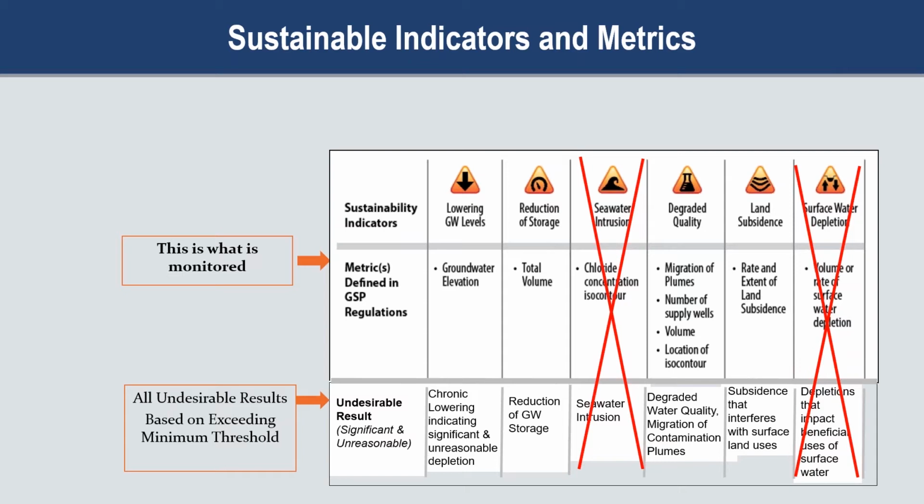So we'll be measuring groundwater elevation to determine if there's been chronic lowering of the groundwater level. And an undesirable result would be considered chronic lowering indicating significant and unreasonable depletion. And significant and unreasonable is defined by the local area. So in this case, MAGSA came up with the definition for significant and unreasonable. And also have the metric and undesirable results shown for the other 3 indicators.